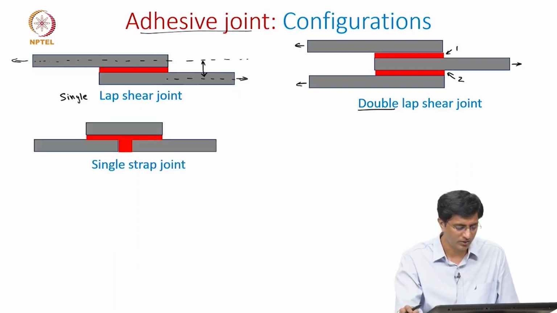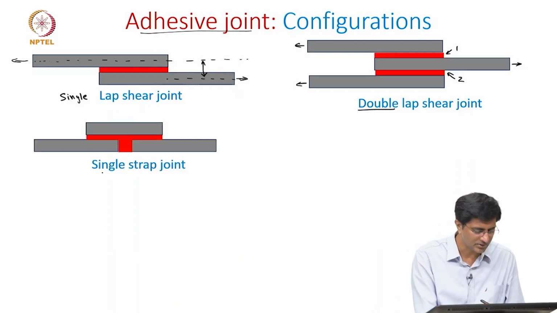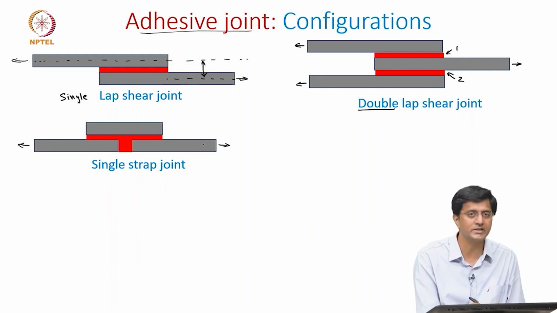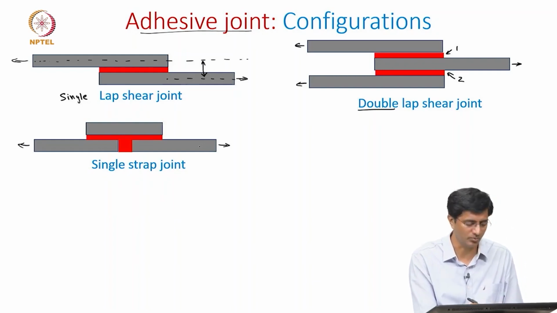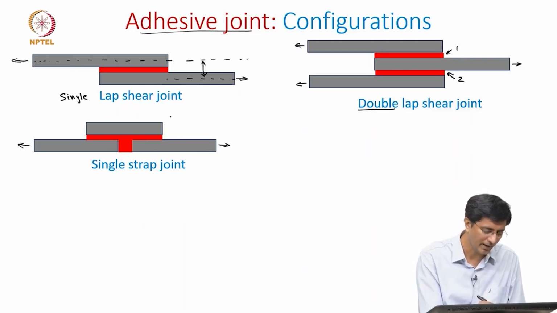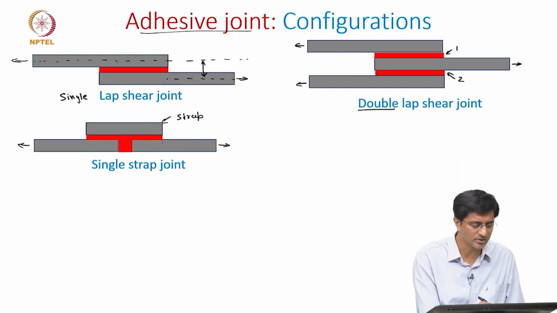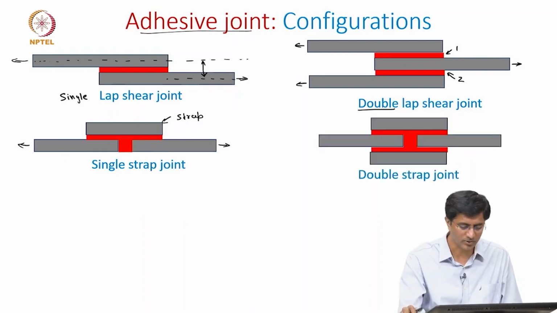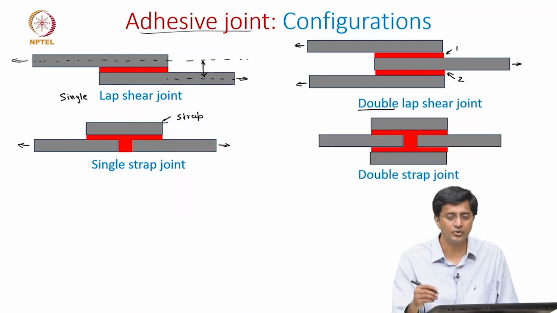So one way to avoid it is to use this single strap joint, because here substrates 1 and 2 both are aligned in the same direction, so we can avoid those bending moments. So how did we do this? We add a strap and then apply the adhesive, which transfers the load from one substrate to the other. Here too we can go with a double strap joint that will allow you to apply larger loads as well as make the joint symmetric about this loading axis.